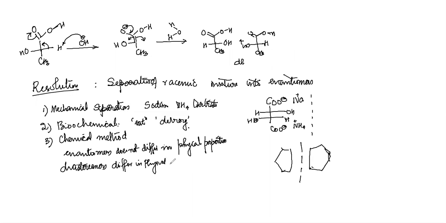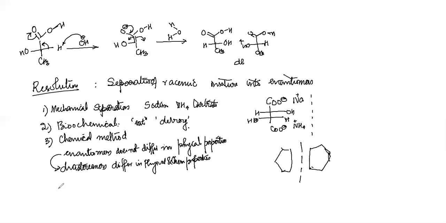Based on these observations, what we can do is convert enantiomers temporarily into diastereomers. What we have to do is introduce one more asymmetric carbon into the molecule by a chemical reaction. It becomes a diastereomer.